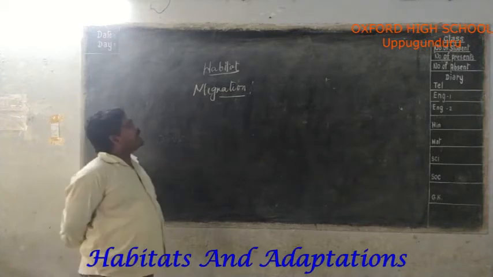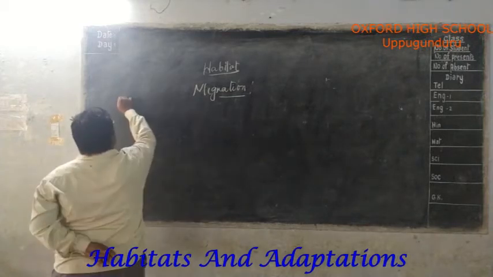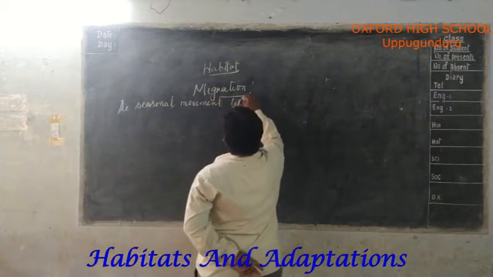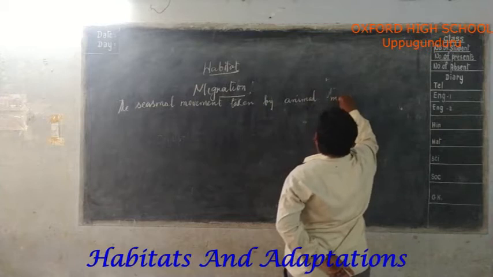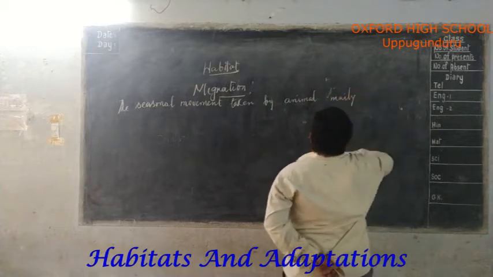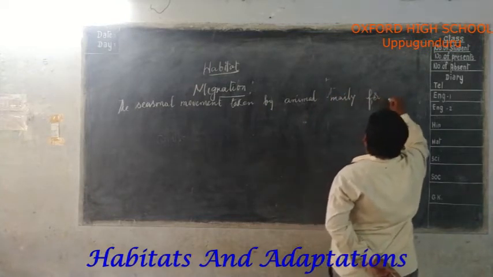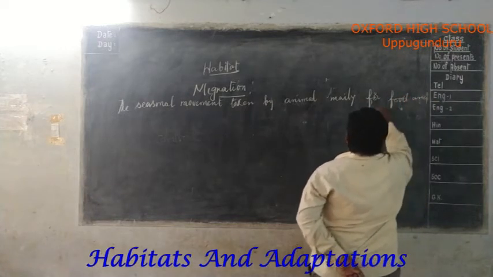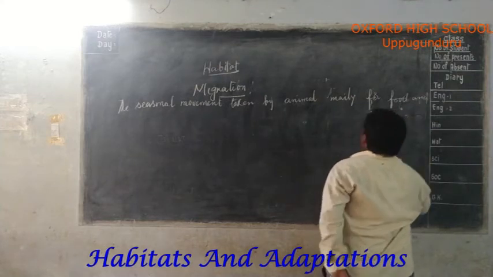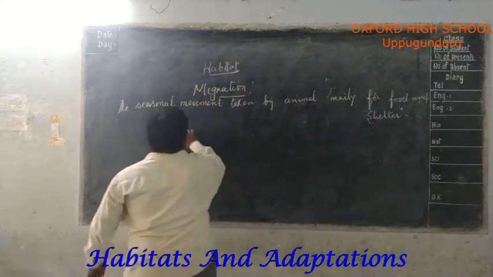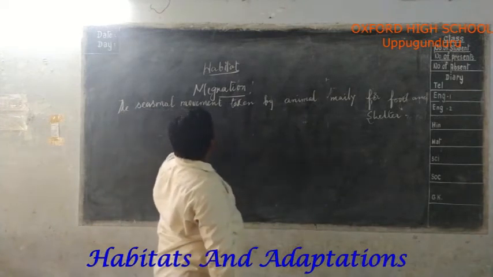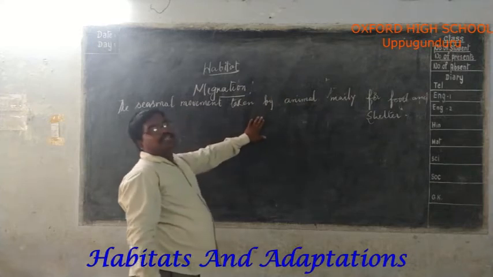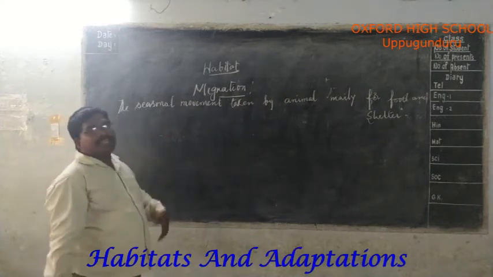The seasonal movement taken by animals, mainly for food and shelter, is called migration.